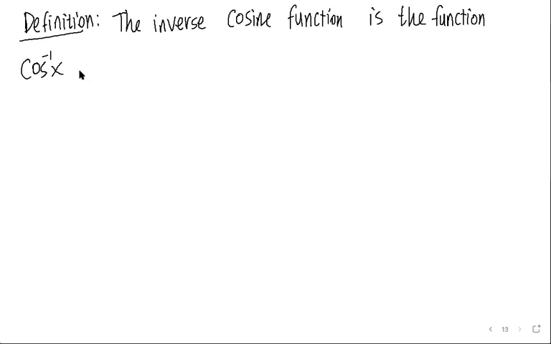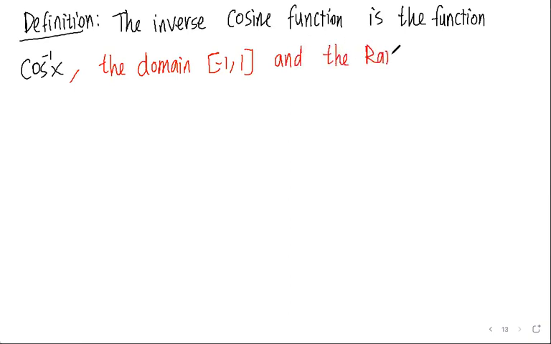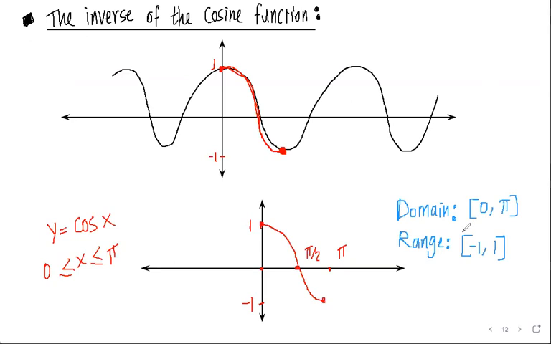The domain, the same thing. The domain for the inverse is from -1 to 1. And the range is from 0 to pi. Because the range is the same as the domain of the restricted cosine, from 0 to pi.